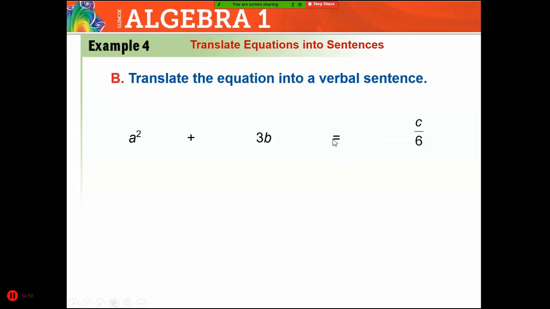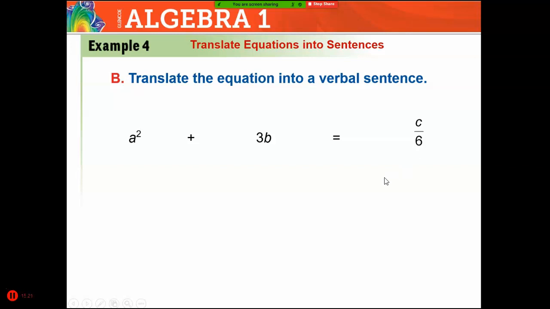Logan, what's this symbol right here being circled by the pen? Equal sign. Perfect. All right, Luke. What is this? Tell me what's happening with these two pieces. Perfect.